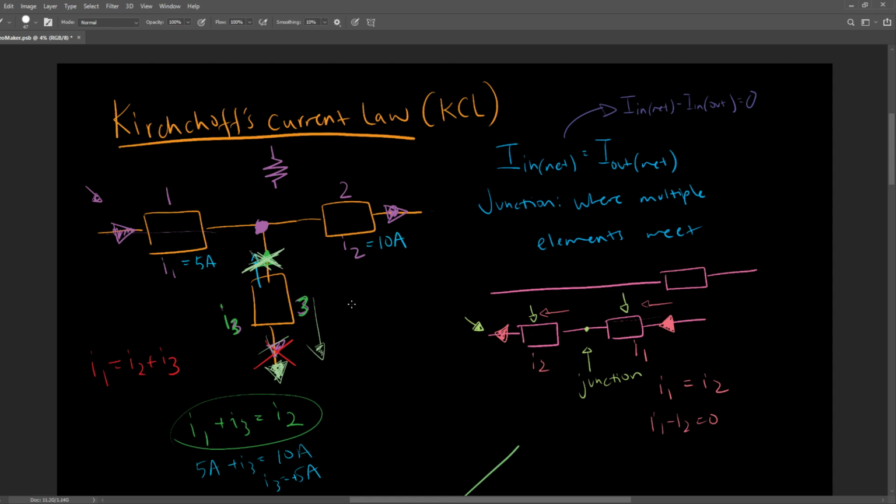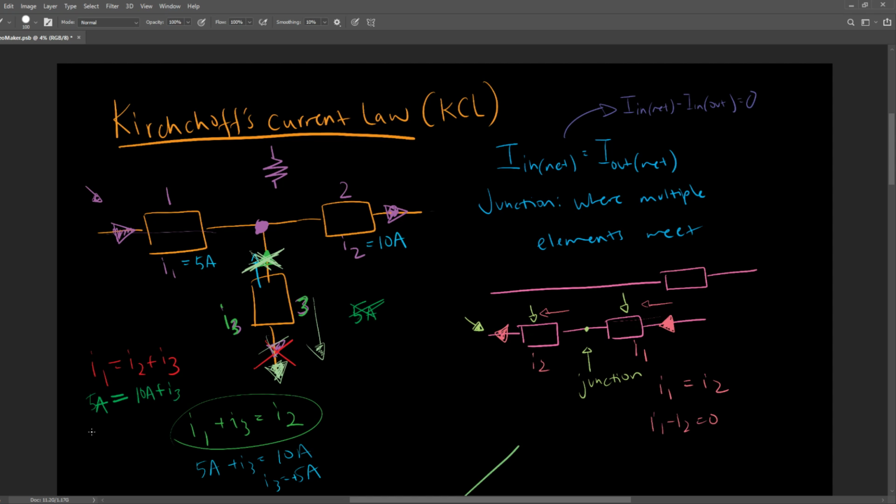What would happen is we would say I1 is equal to 5 amps. Let me write this over here. 5 amps is going to be equal to I3 plus 10 amps.